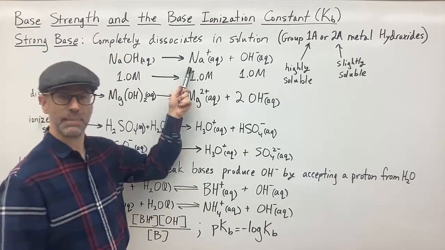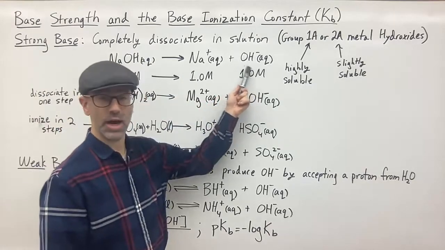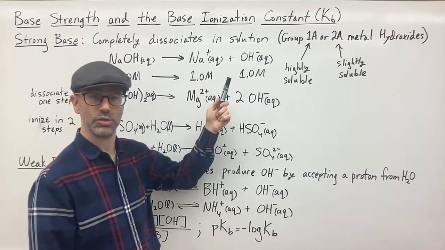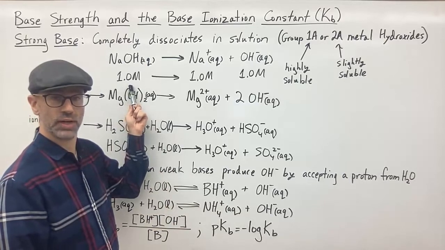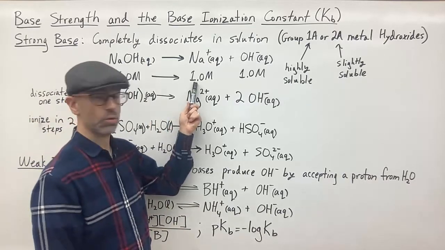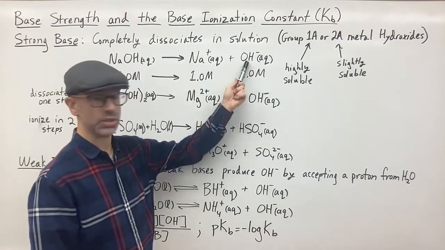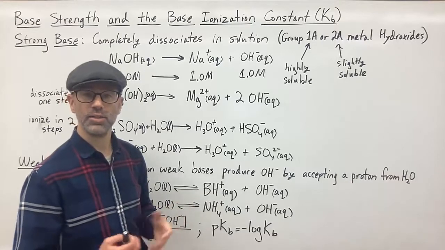I have just separated sodium ions and hydroxide ions, floating around in solution. They're not together. So if I have a 1 molar solution of NaOH, that means I have a 1 molar solution of Na plus and a 1 molar solution of OH minus.